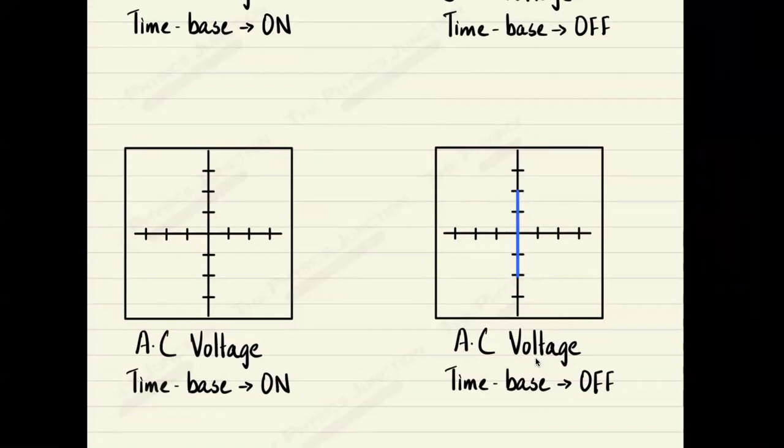But when I do apply the time base, that is what gives me the sine shape. So that could possibly be looking like this. Alright, so that's the idea of the oscilloscope, and this finishes off the entire unit on electromagnetism.